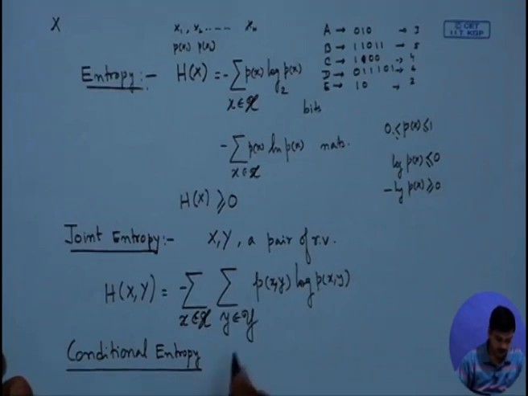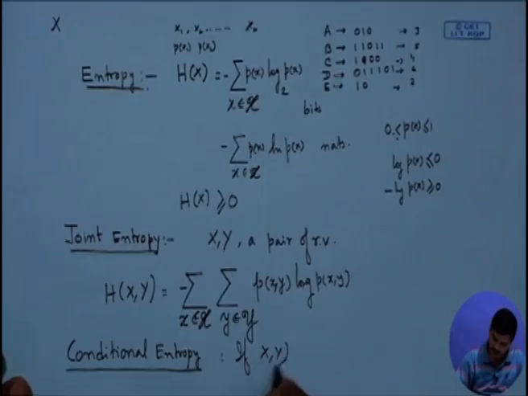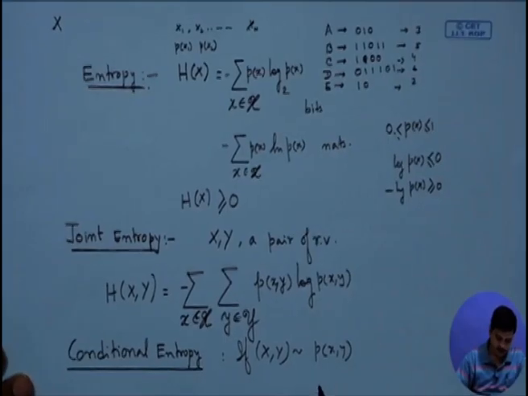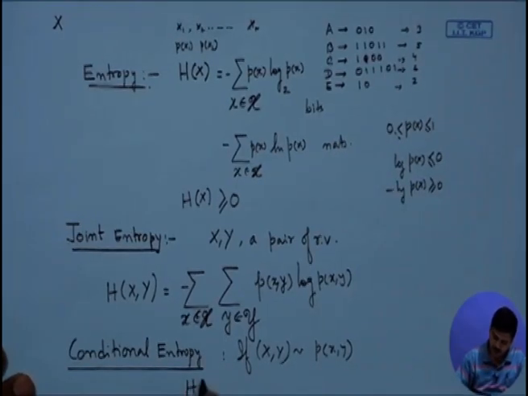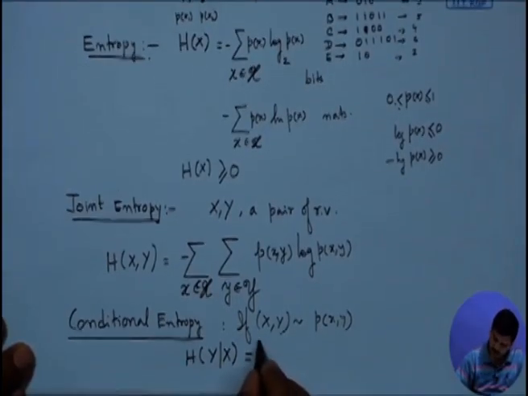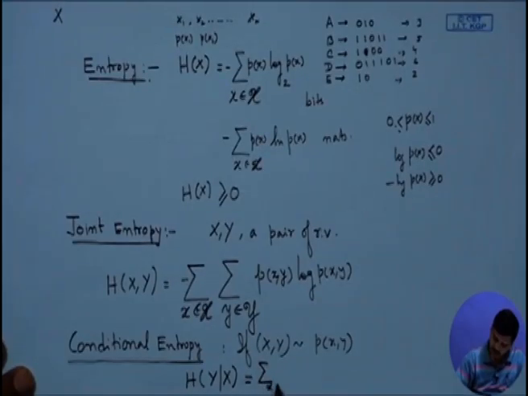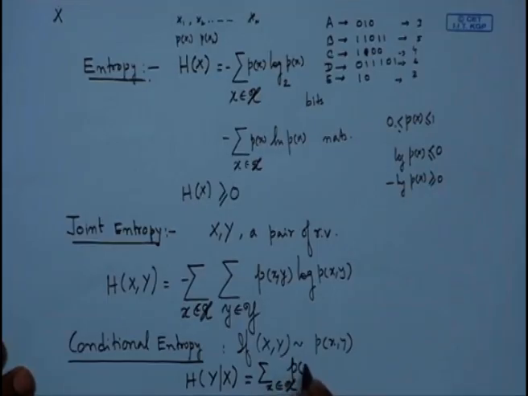Conditional entropy: if we say that x and y are distributed according to p(x,y), then what is the conditional entropy? Conditional entropy is denoted as H(Y|X), which would be the sum over x element of the set X of p(x) times H(Y|X=x).